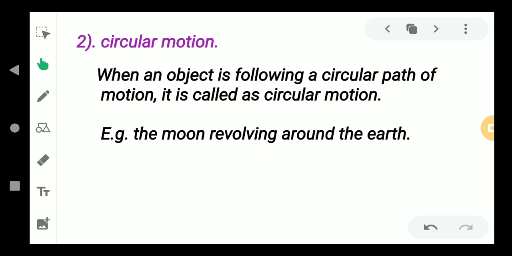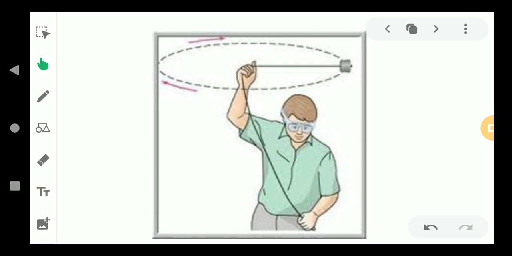Example, the moon revolving around the earth. It is a circular motion. Another example is planets revolving around the sun. It is also following a circular path, so it is a circular motion.